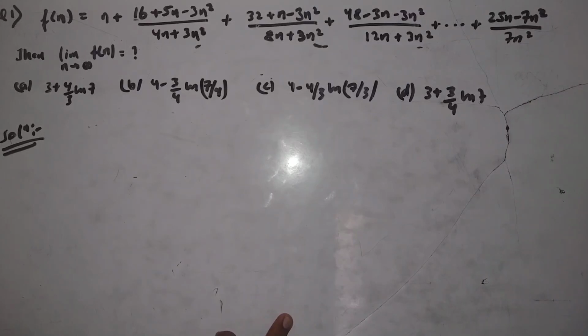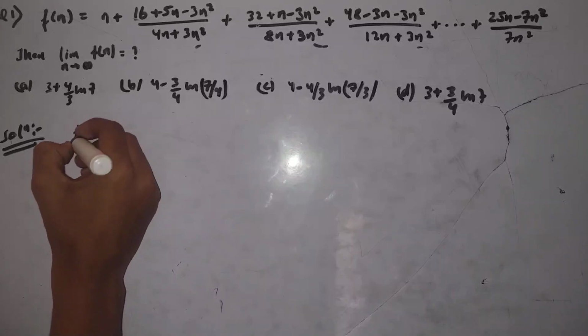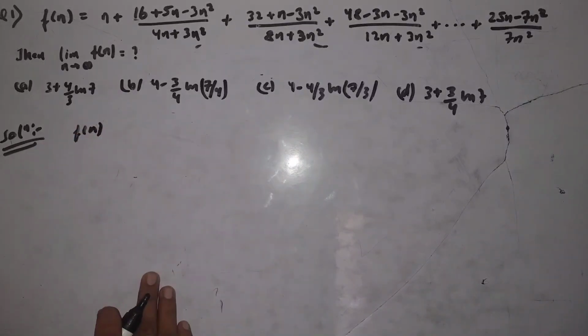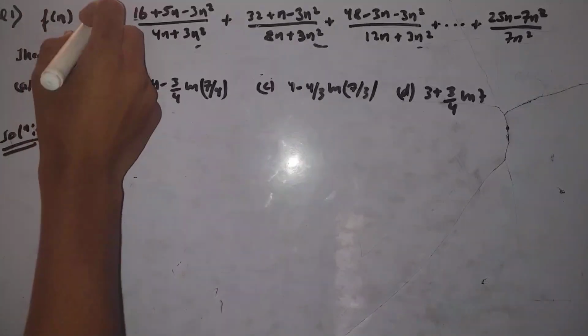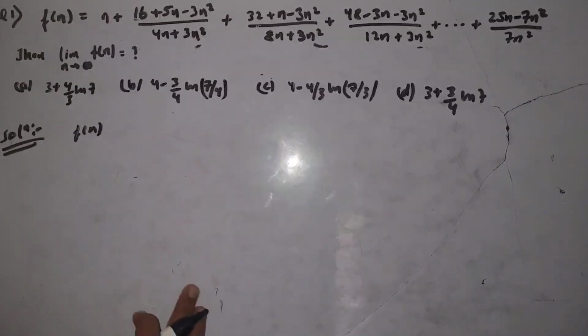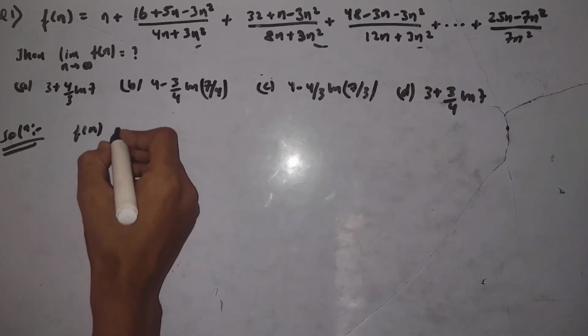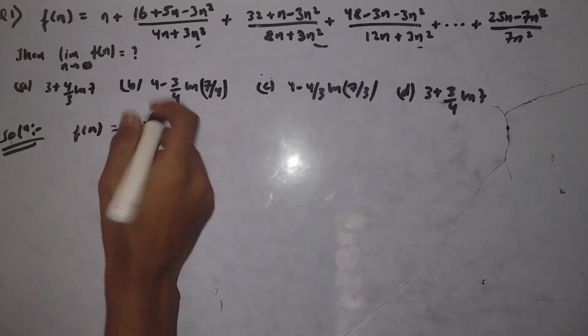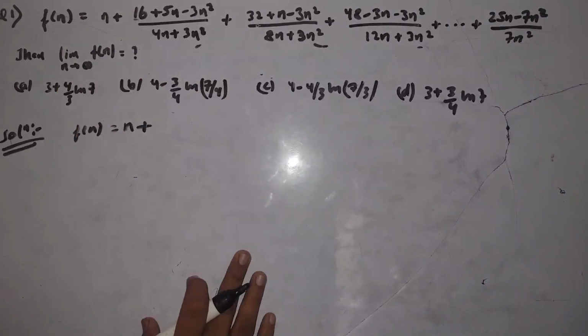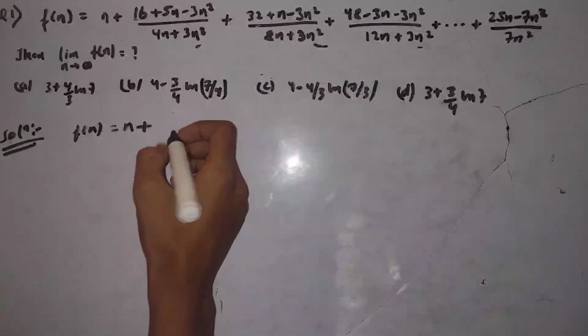So using that we can write f of n. This n is additionally given, and this will certainly come into use when we solve it. So f of n we can write as n plus, and by the pattern we observed we can write this in the form of summation.